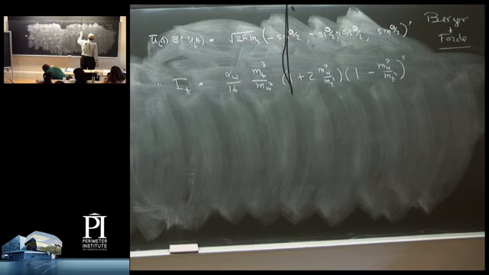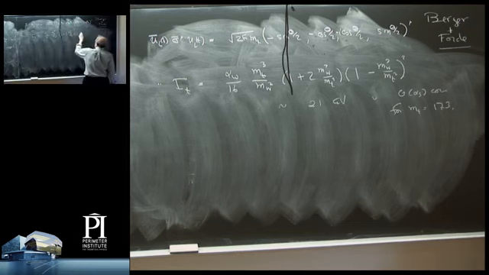There is, as I said, this enhancement of m_t over m_W. So when I square this thing, there'll be an m_t squared over m_W squared, and then there's a factor of m_t. There's a (1 plus 2 m_W squared over m_t squared), and then the phase space is (1 minus m_W squared over m_t squared), squared.